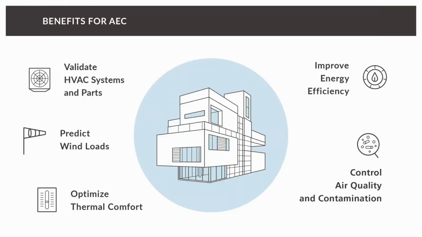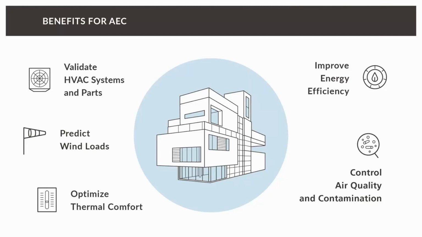But more specifically, today we're looking at the architectural engineering and construction side of things. So we're looking at buildings, thermal comfort and things like that. How does simulation really help with this specific application? We're able to, for example, predict wind loads on buildings, or predict pedestrian comfort, air quality, and contamination.